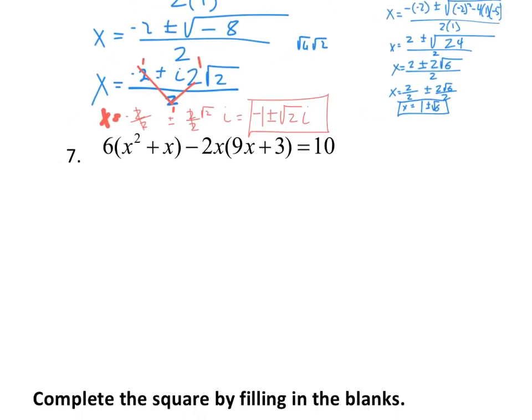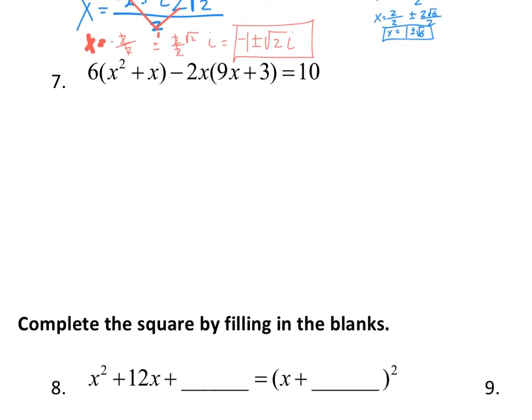Cruising along. All right, here's another one that needs to be cleaned up. So nothing can be done here. There's no common factors or anything, so it just needs to be put into standard form. So let's just do that real quickly. Distribute the 6. Distribute the negative 2x.